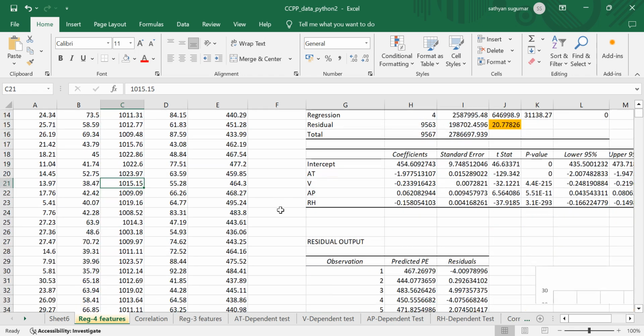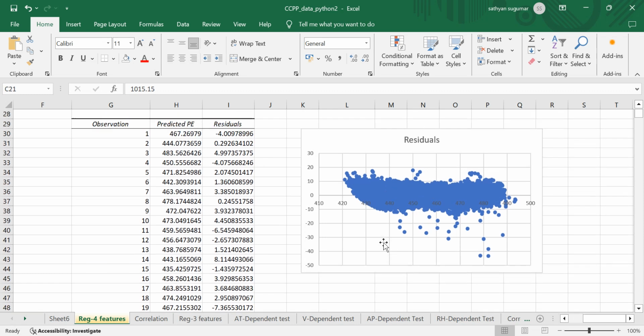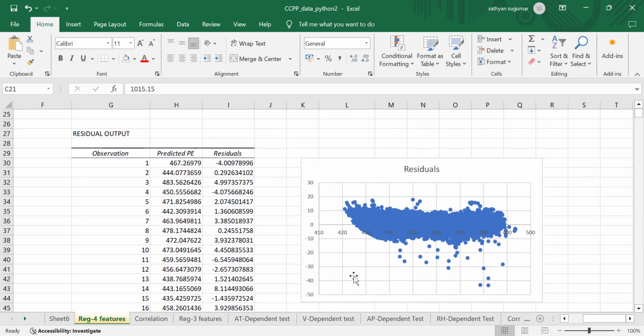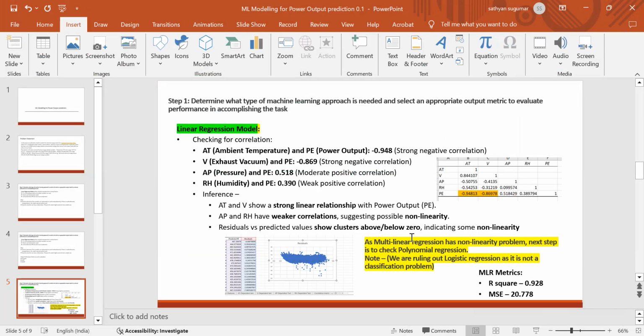multilinear regression analysis. Quickly jumping to the scatter plot here. The x-axis denotes the predicted values and the y-axis the error. We can see the residual values are swaying between the plus 10 and minus 10 line, which is not a good sign. So this could be another symptom of the nonlinearity.